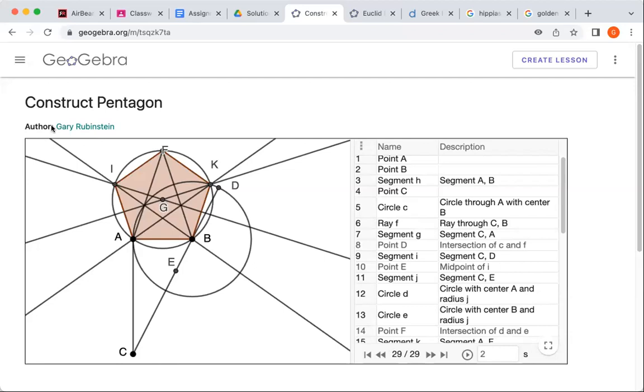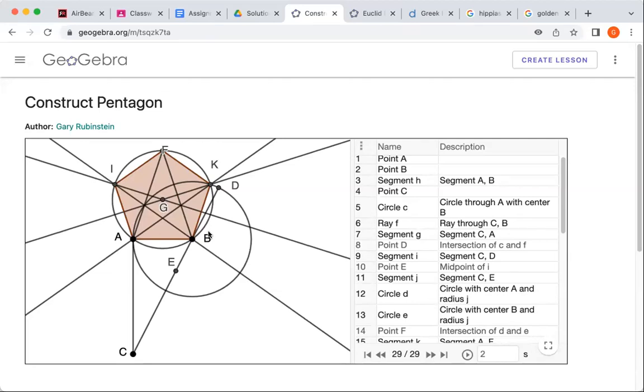It's an excellent question. For instance, what's the length of IF? I like that one. It's given that AB is length 1. So when this whole construction is done, what's the length of IF?